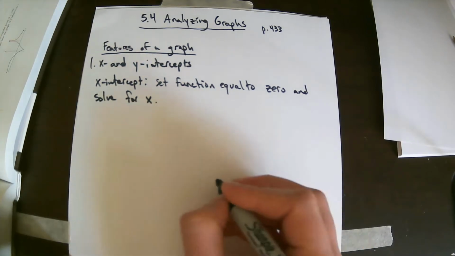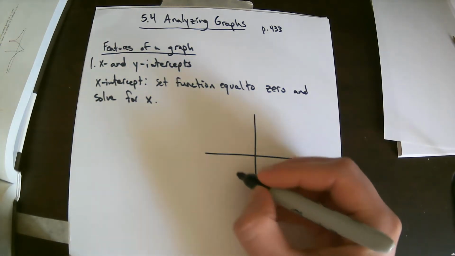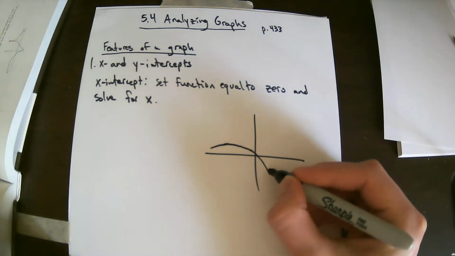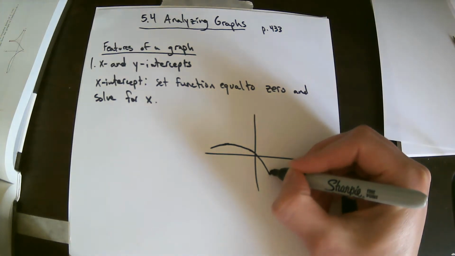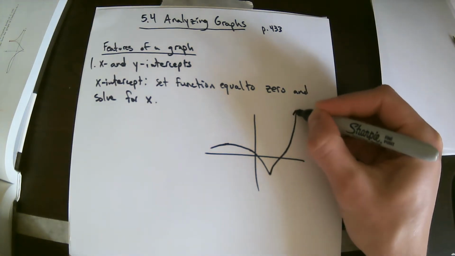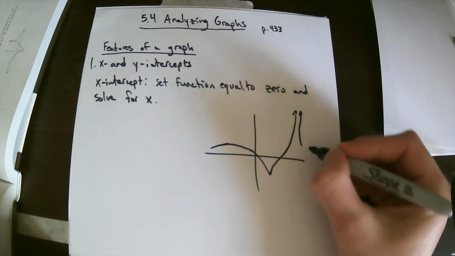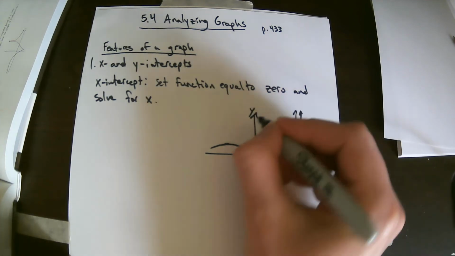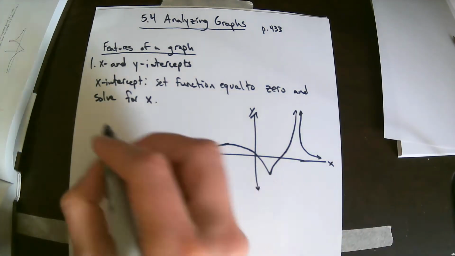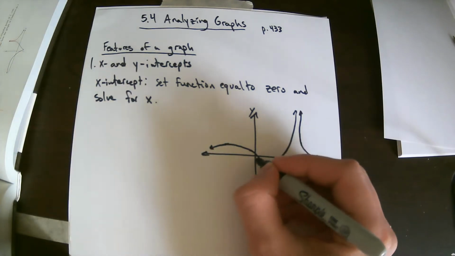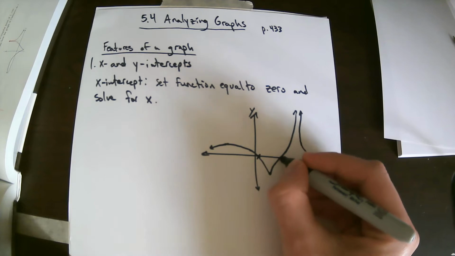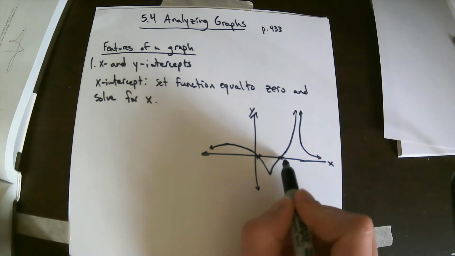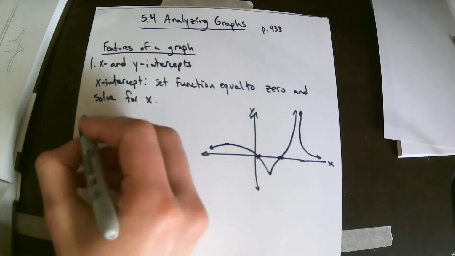And that's going to tell you, let's see, here's the graph they give us. It does something like this, and then like this. And solving for the x-intercepts is going to tell you, I didn't draw it quite exactly as they have in the book, what these two positions are, where it crosses the x-axis.